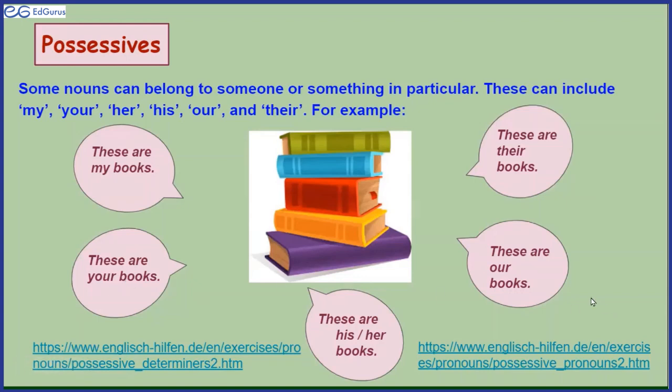Right? Similarly, these are our books. Our is used before books. But you can say these books are ours, but ours is not a possessive determiner then. Why? Because it has not been used before a noun.